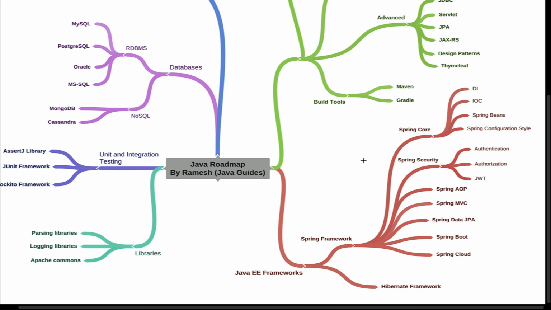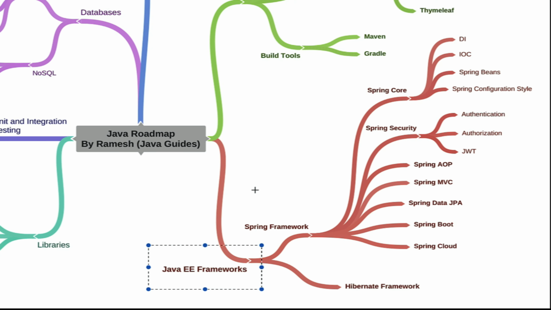Next comes Java EE frameworks. Well, in Java we have the Spring Framework and the Hibernate Framework. So these are the two very popular Java EE frameworks. All right, first let's take a look at the Spring Framework ecosystem. Spring Framework provides a lot of modules and we use Spring modules based on the requirement.